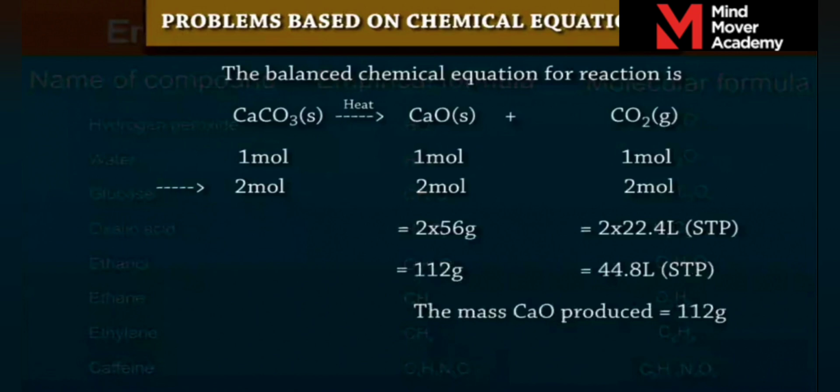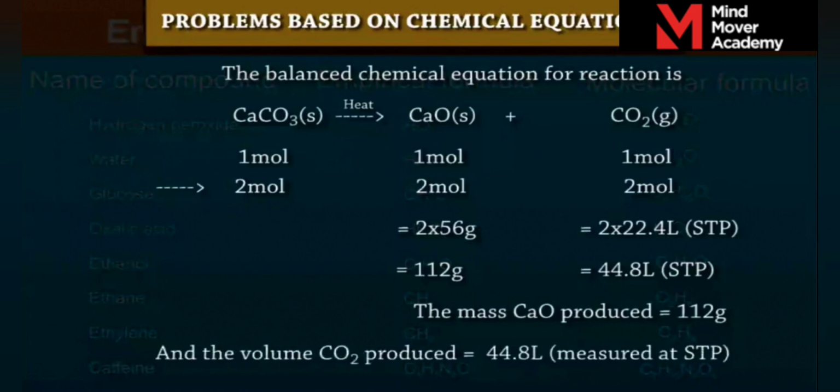So, for calcium oxide, 2 moles means 2 times 56 grams, which is equal to 112 grams. And for carbon dioxide, 2 moles will mean 2 times 22.4 liters at STP, equal to 44.8 liters at STP. Therefore, the mass of calcium oxide produced is equal to 112 grams and the volume of carbon dioxide produced is equal to 44.8 liters. This is measured at STP.